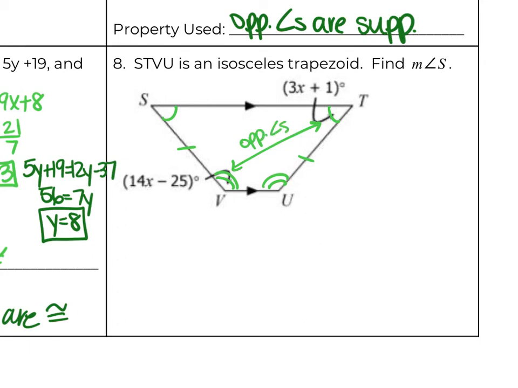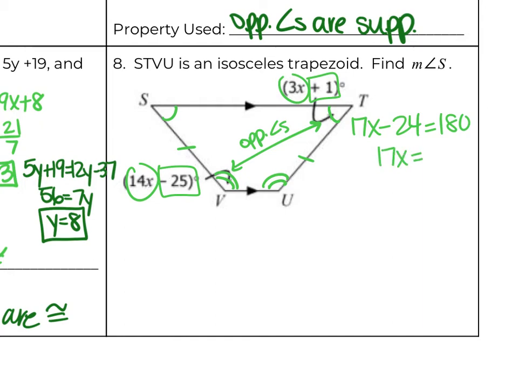So I want to combine my x's. It's going to give me 17x, and then negative 25 plus 1 is negative 24. Is that equal to 180? If I add 24, I have 204, and divide that by 17, we get x equals 12.